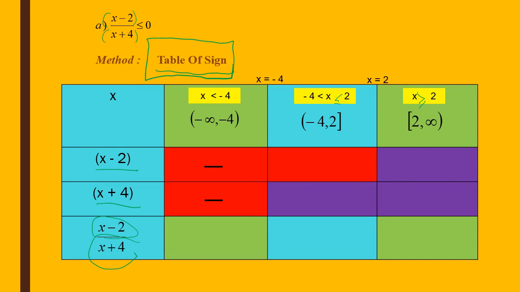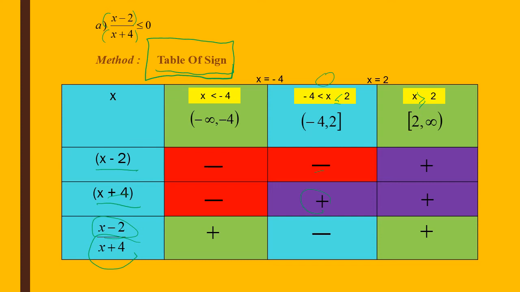For the middle one, negative and positive. Let's say we take 0: 0 minus 2 is negative, 0 plus 4 is positive. And the last one is positive, positive. The division of these signs is the same as multiplication. Negative, negative is positive; negative, positive is negative; positive, positive is positive.